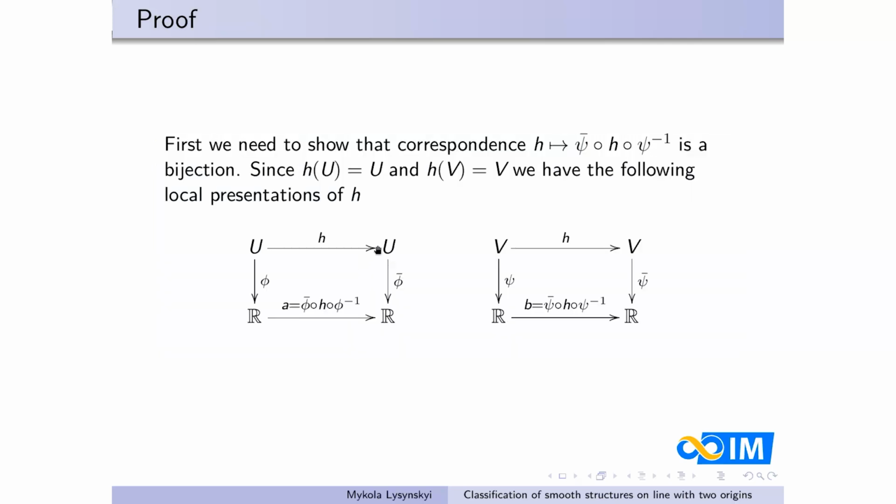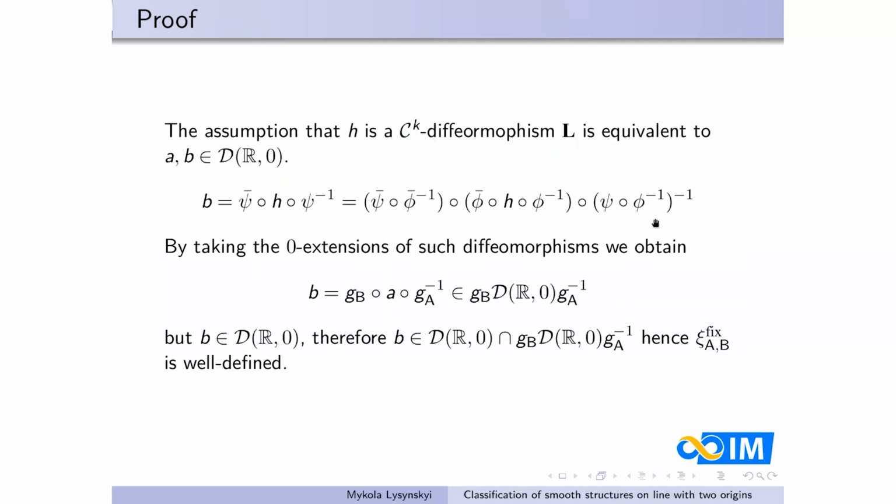This is a short sketch of the proof. We need to show that this correspondence is a bijection. Since the image of U and V is the same, we have local representations, which we denote a and b, in the corresponding charts. The assumption that h is a C^k diffeomorphism of L is equivalent to saying that a and b are diffeomorphisms of R which fix 0.